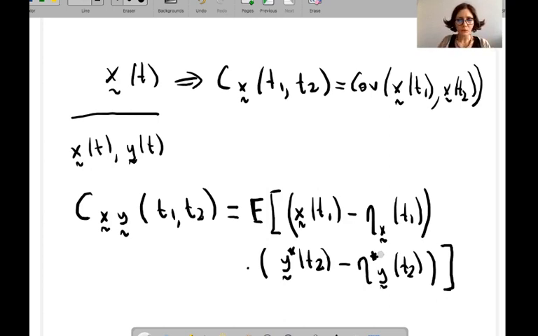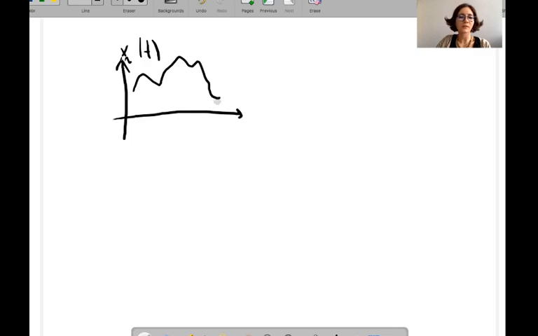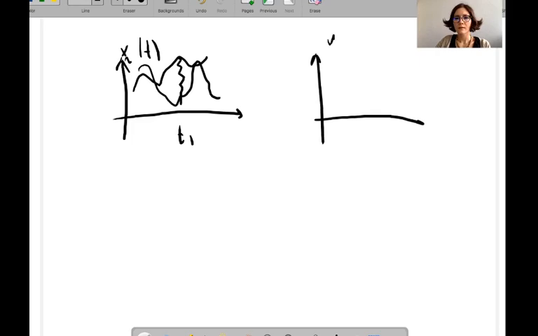Now, if we just like to visualize this, what does this really mean intuitively? This is the picture that you should bring in front of you. You have a random process x of t. Here's a realization, and you might have some other realizations. You look at this at some time instant t1, and then you have a random process y of t.